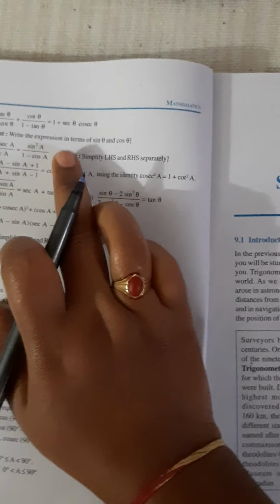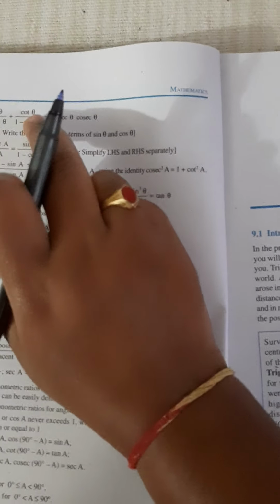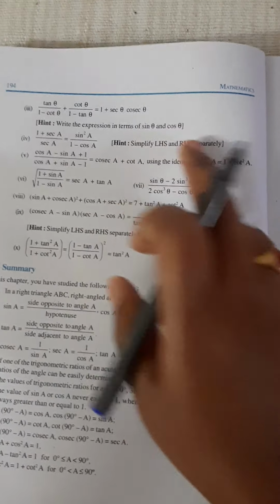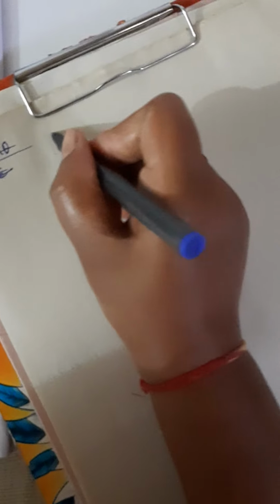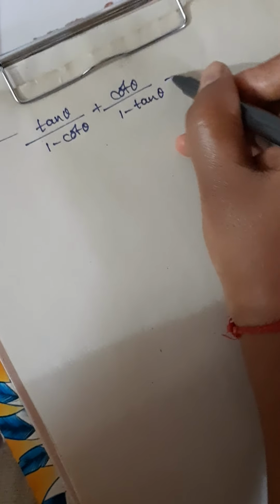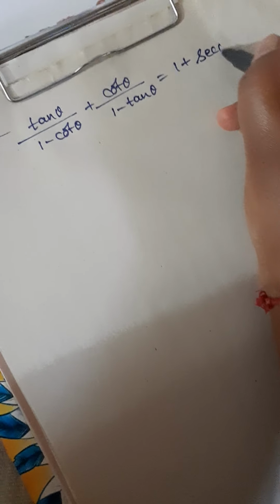These expressions, tan theta and cot theta, we have to write in terms of cos and sin. So for this we already know how we can change to sin and cos. The question is tan theta divided by 1 minus cot theta plus cot theta divided by 1 minus tan theta, equal to 1 plus secant theta cosecant theta.